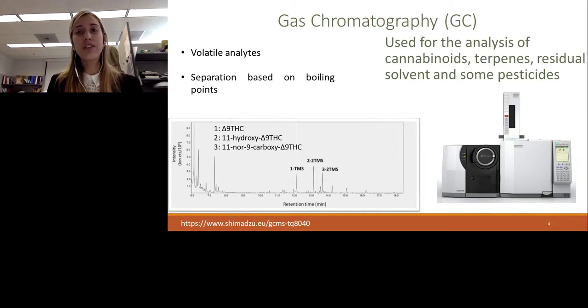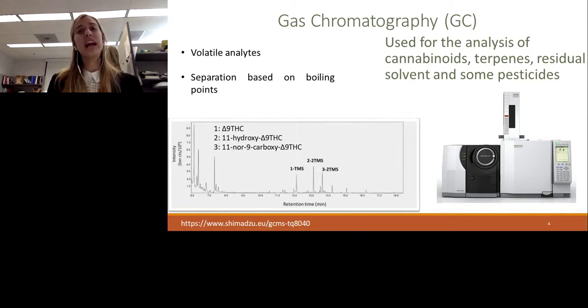So gas chromatography, as the name itself says, is a type of analytical method that will analyze all molecules in a gas phase. That means that the sample does not actually have to be found in a gas phase. Actually, most of the time, it's either in a liquid or in a solid state through headspace injection.